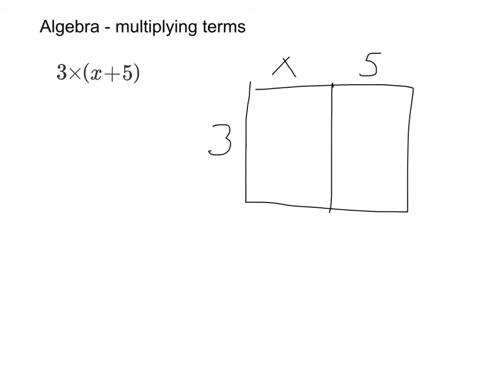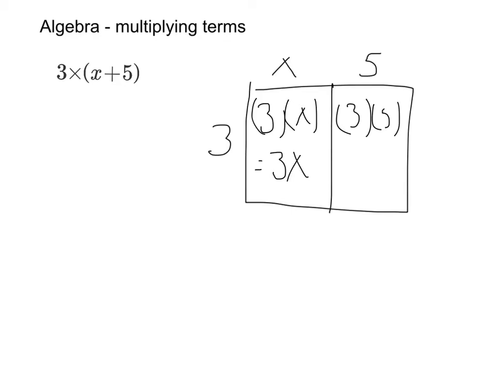So now the area of this rectangle is 3 by x. So 3 by x, which is equal to 3x. And this bit is 3 by 5, which is equal to 15.